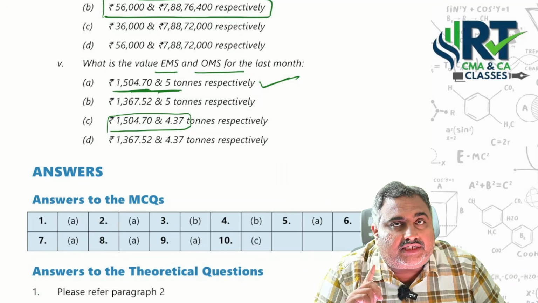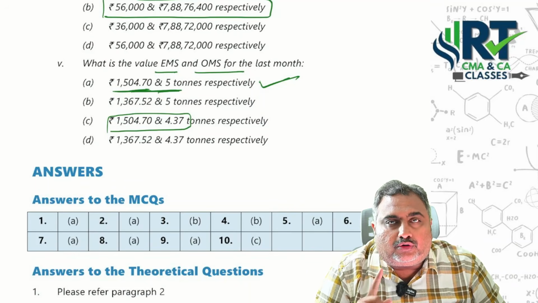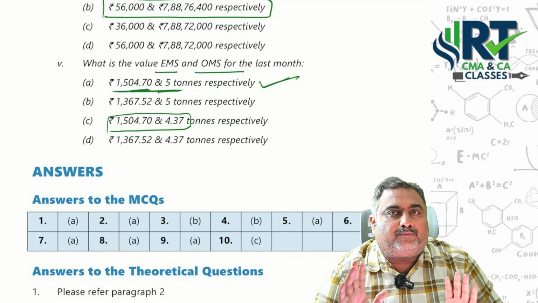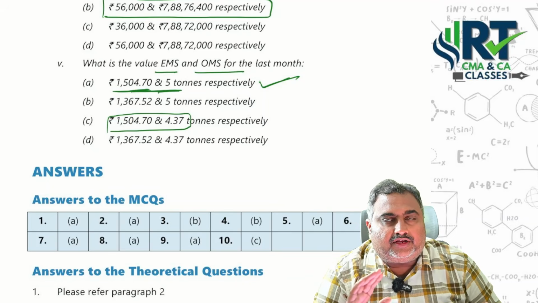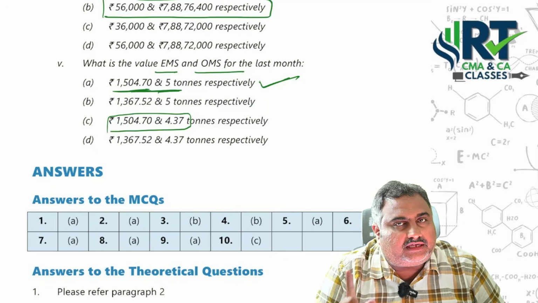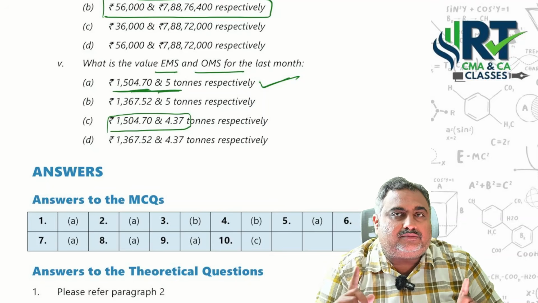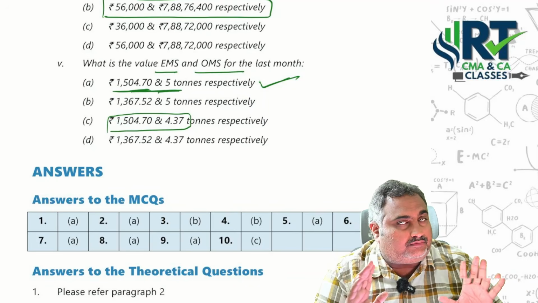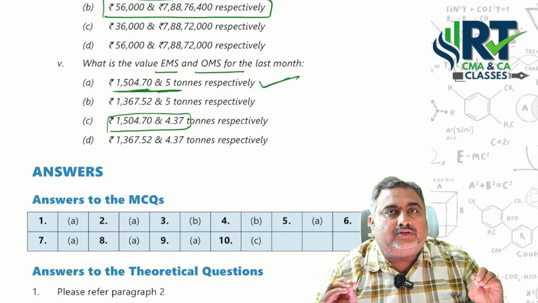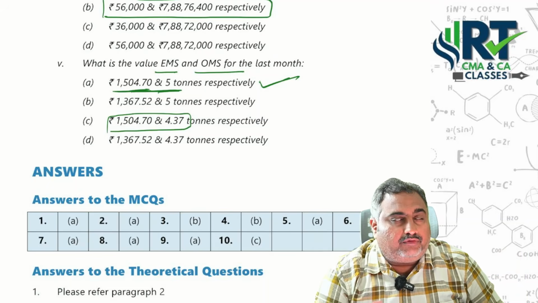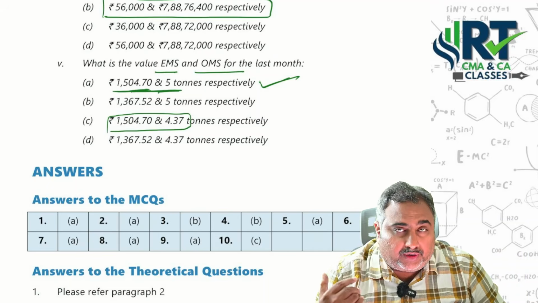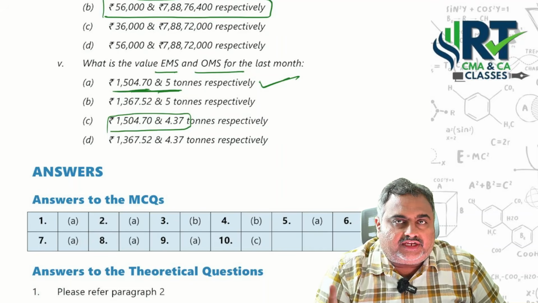That's the reason I always convey to my students, don't mug up the concepts. Whenever you mug up, only the problems you solved you are able to deliver in the examination. But when it comes to conceptual clarity, that's the reason I always teach my students on a concepts basis. That's the reason we are getting very good marks in cost accounting, and so many students are able to secure exemptions also.